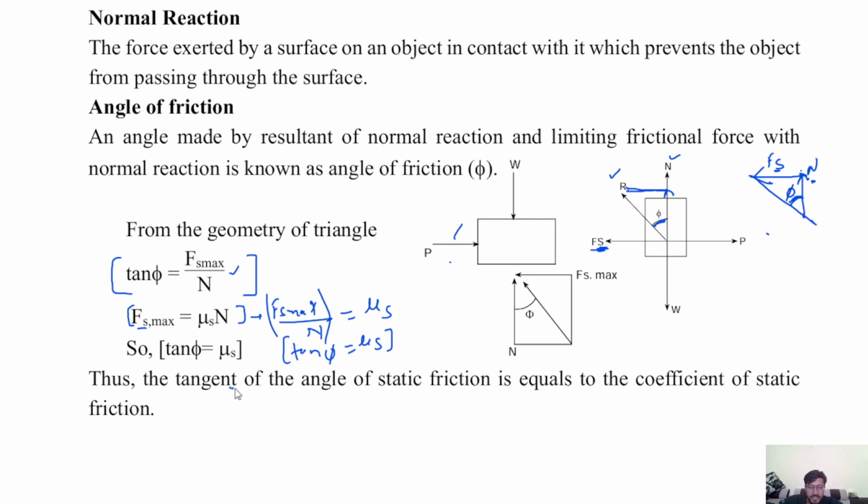Thus, the tangent of the angle of static friction is equal to the coefficient of static friction. Tan phi means the tangent of the angle of static friction is equal to the coefficient of static friction.